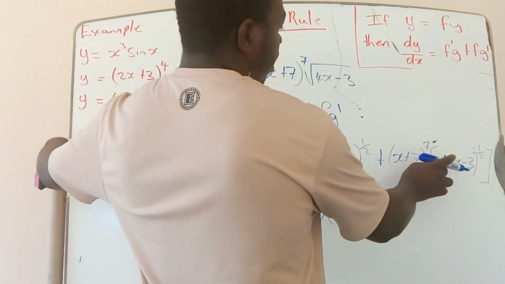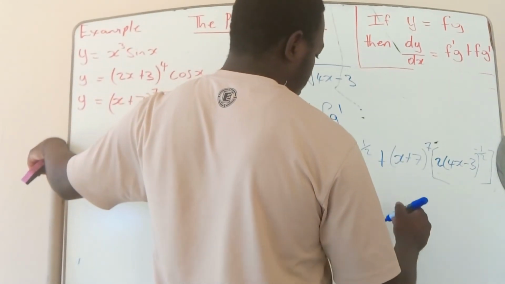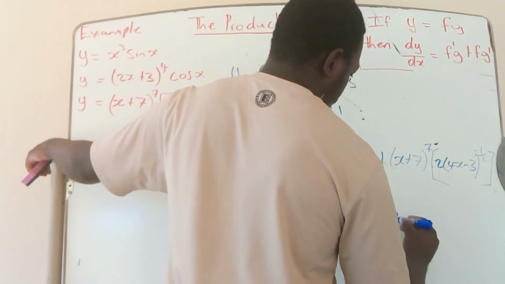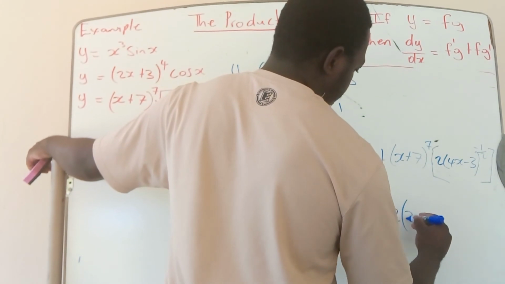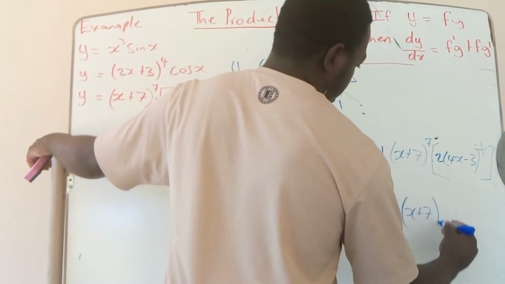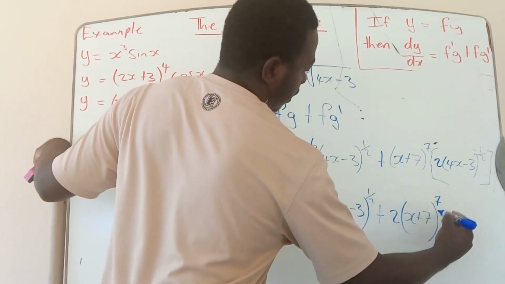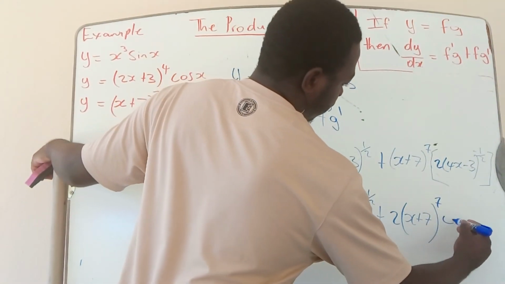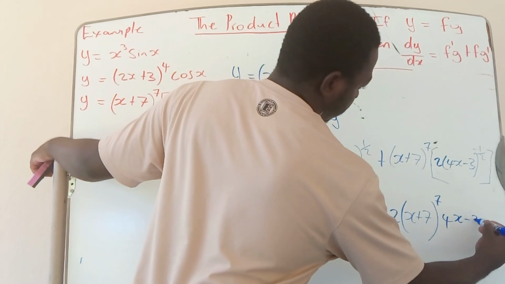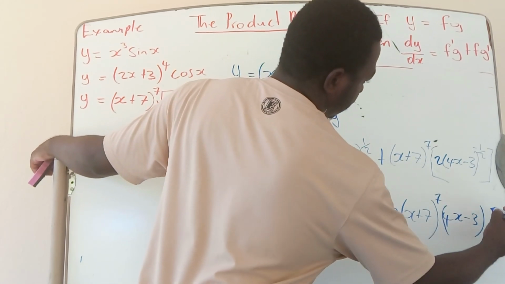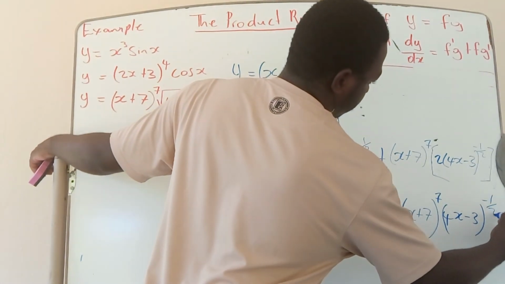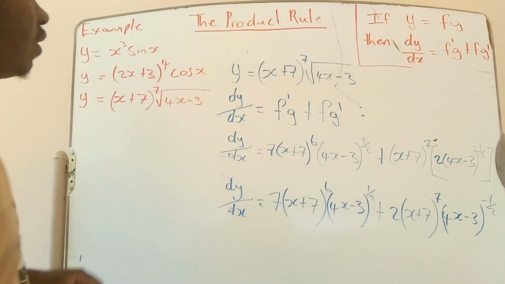Here, you could bring this 2 to the front, so this could be plus 2(x + 7), all of that raised to the 7th power, times (4x - 3), all of that raised to the negative 1 over 2. Yes, and that's it.